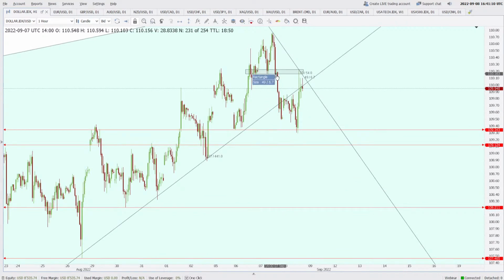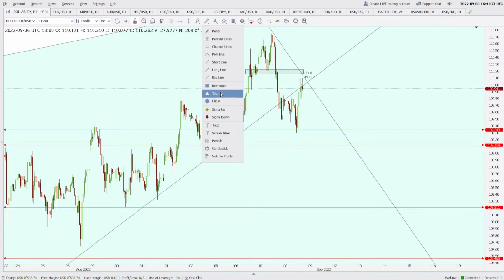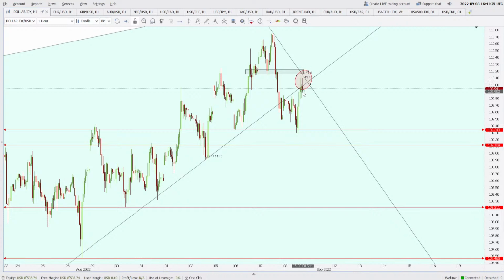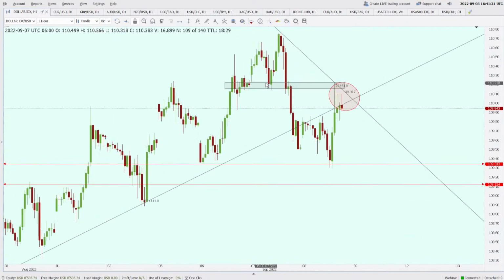Because on 1 hour it has already been broken, then retested, then took support at the major area, and now it entered inside a confluence of resistances. Why am I saying this is a confluence of resistance? One is this resistance here, because it is a breakdown of this important level.